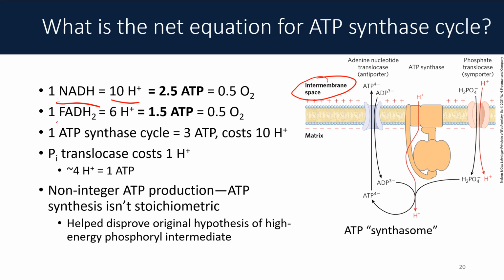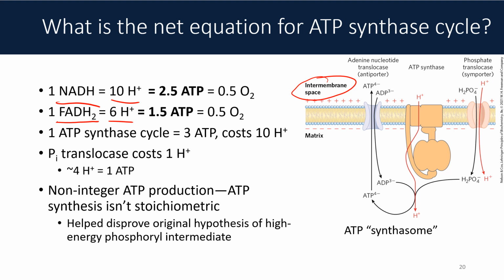FADH2, on the other hand, is worth a little bit less. We only pump 6 protons into the intermembrane space, and that's because we're bypassing the 4 protons pumped normally in complex 1.